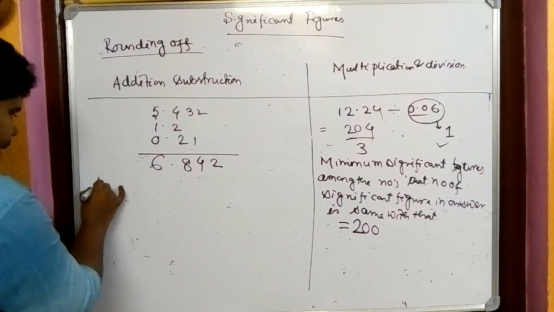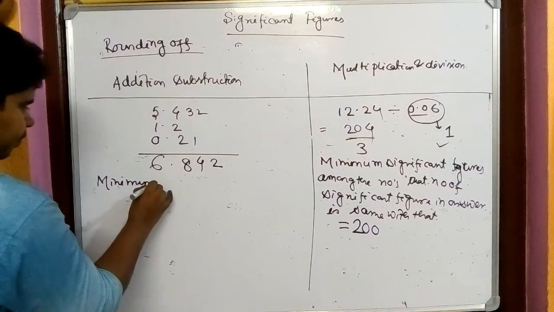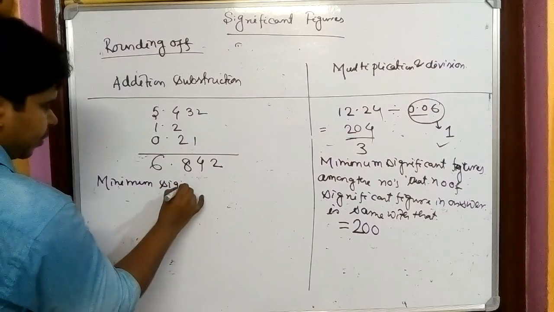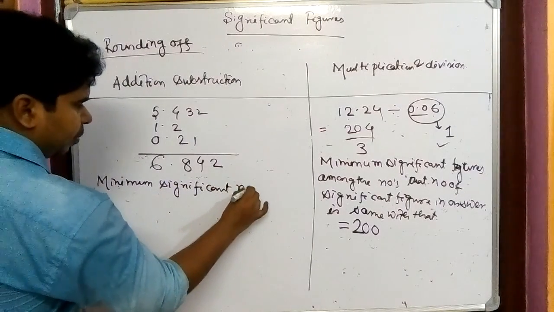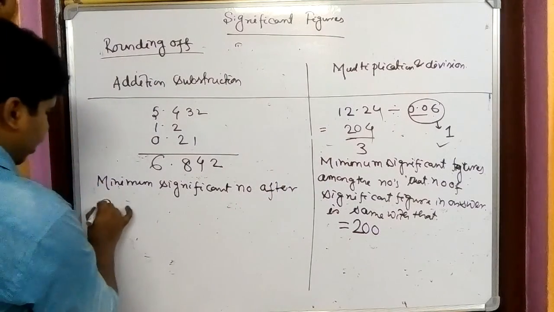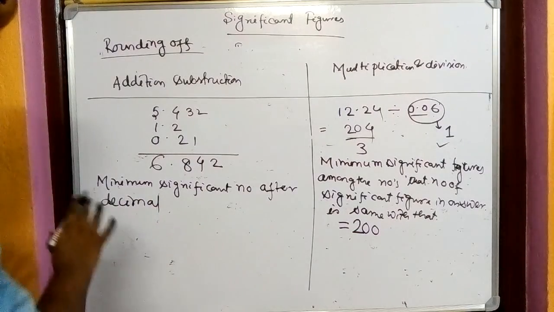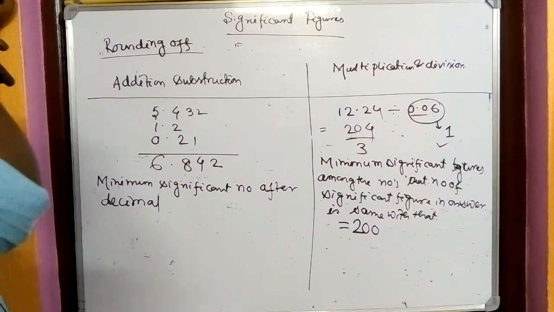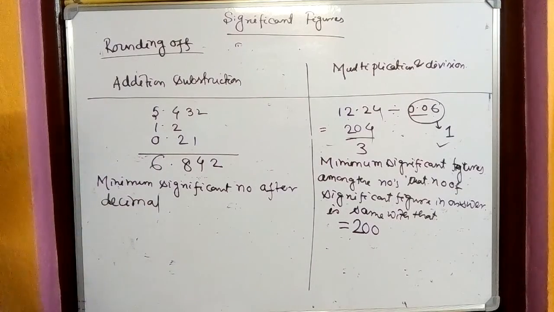We have to take the minimum number of significant figures after the decimal. After the decimal, we have to find the minimum significant numbers.